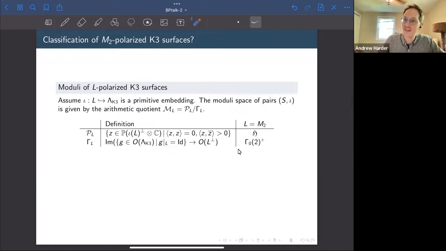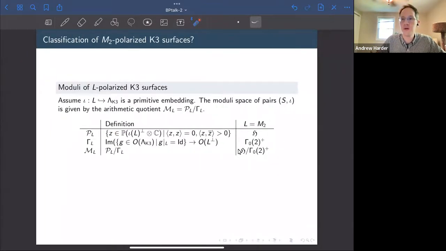So things that just fix the lattice, the image of iota in this, under this map. Okay, so I take that, and then I take the natural projection onto the orthogonal group of L perp. And in the case where L is the M2 lattice, what this turns out to be is something that's just isomorphic to Gamma_0(2)+, so the standard modular group with the Atkin-Lehner involution added.